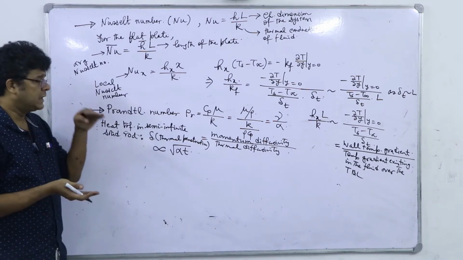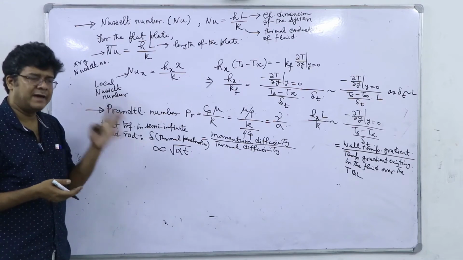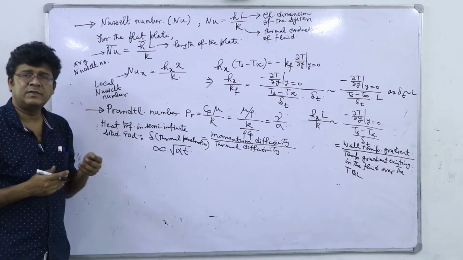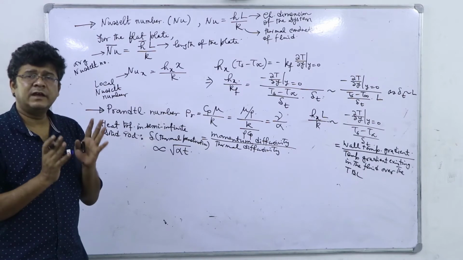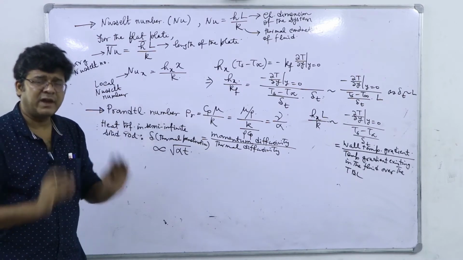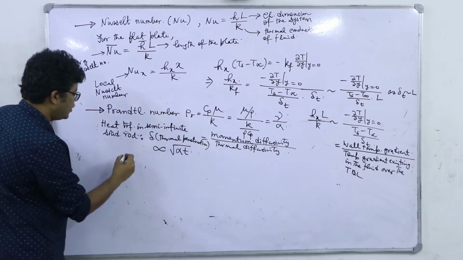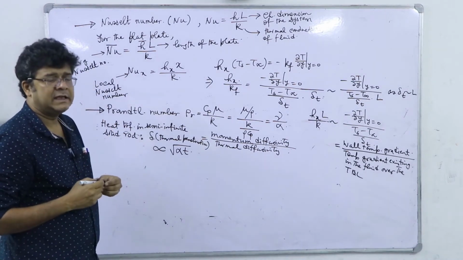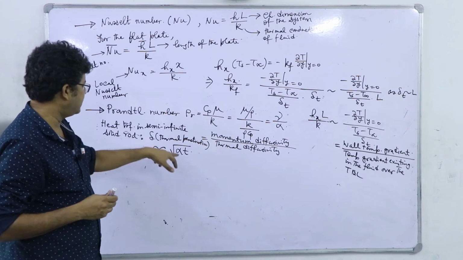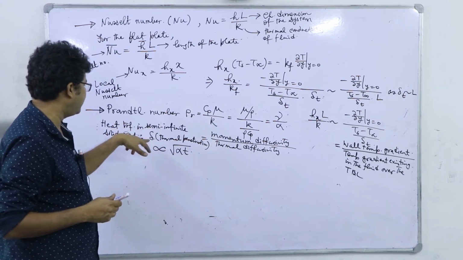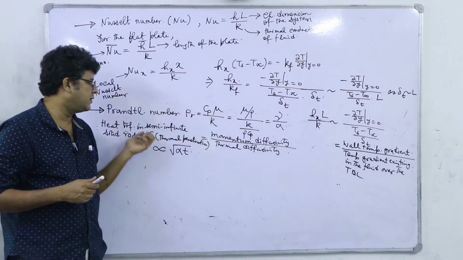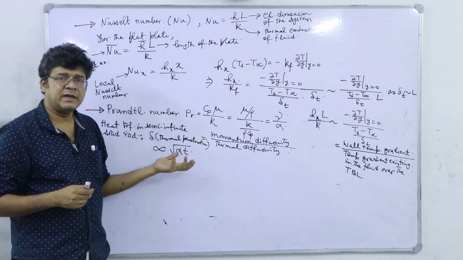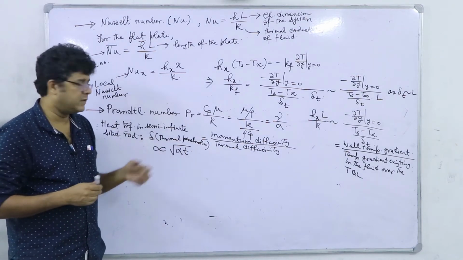Actually, you see, the thermal boundary layer or hydrodynamic boundary layer, the respective thickness, basically it's a measure of that same penetration, right. And the penetration will be high if I have, here it's obvious from this typical example of semi-infinite solid rod, the penetration will be high if I am having corresponding higher diffusivity.